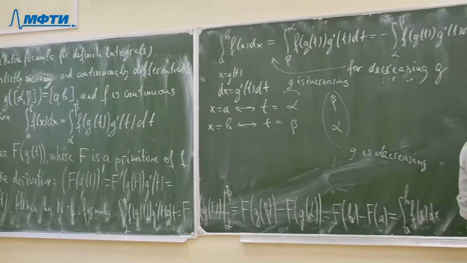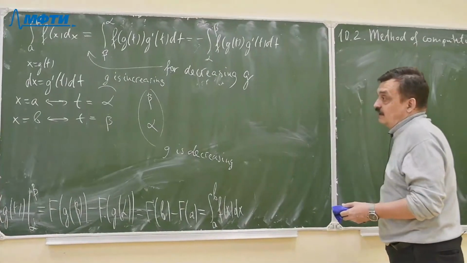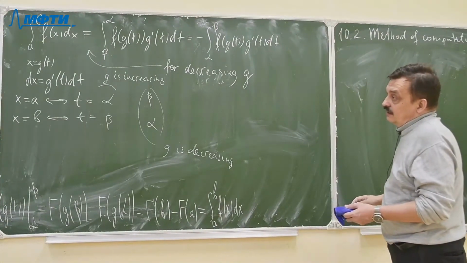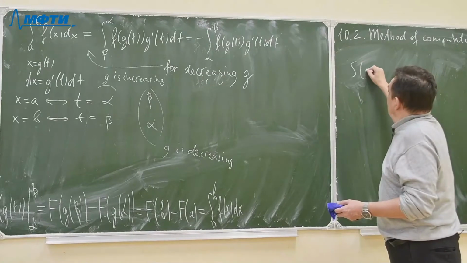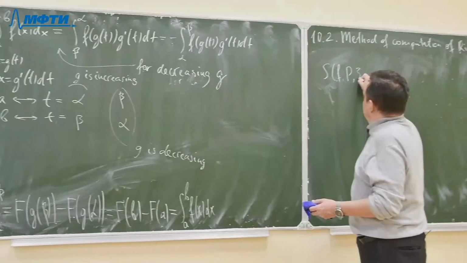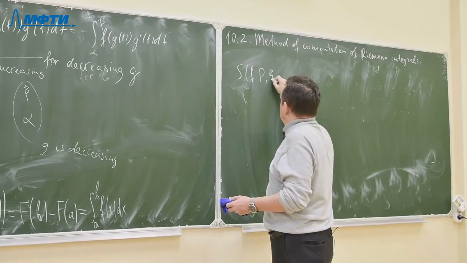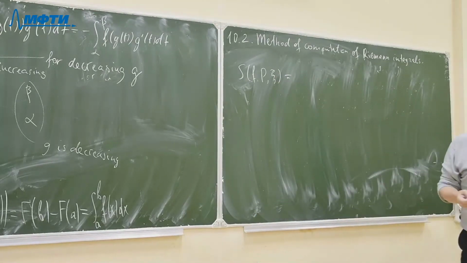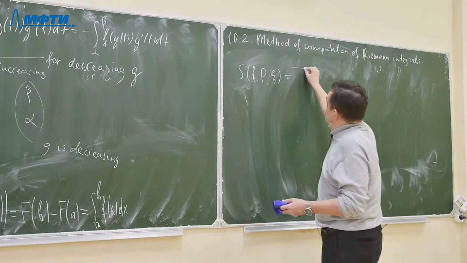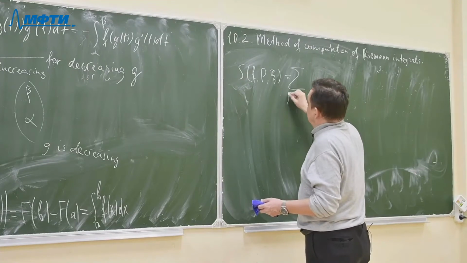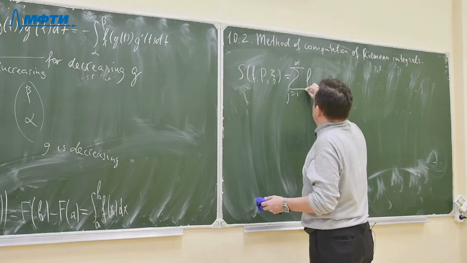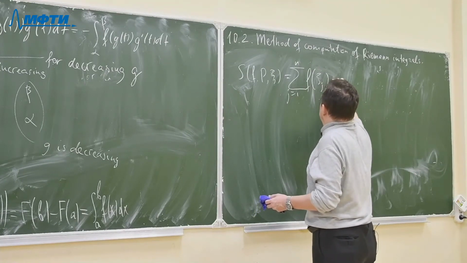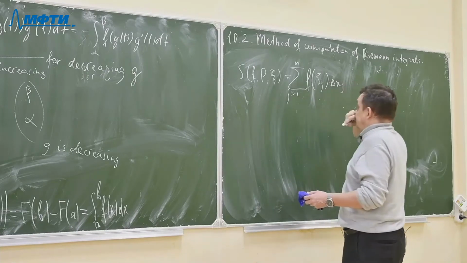Even in that case, look, another way to prove the substitution formula could be to consider integral sums for the left-hand side. That is, sum over j from 1 to n of f of psi j times delta xj, right?